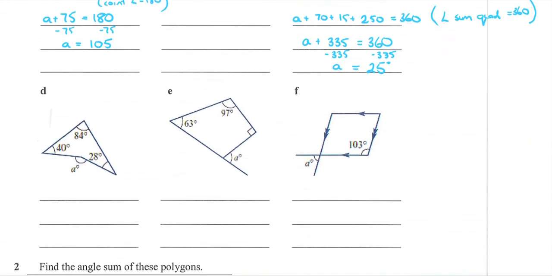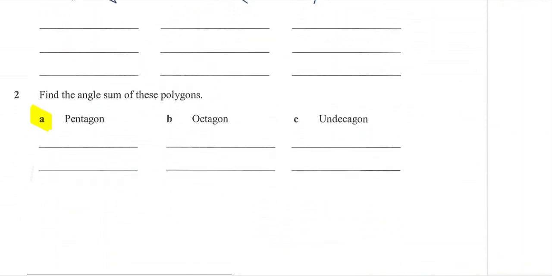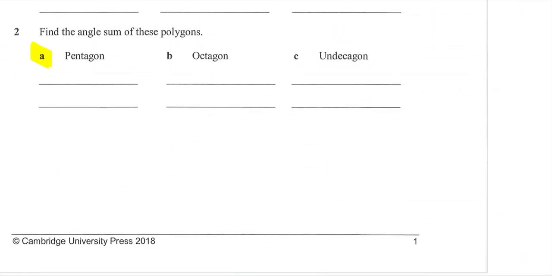Okay, so a few more quadrilaterals in there. Next part of the topic was to find the angle sum of any other type of polygons. So triangles are polygons that have 3 sides and they have an angle sum of 180. Quadrilaterals are polygons that have 4 sides and they have 360 degrees. But what about our pentagons and octagons and whatever other things?